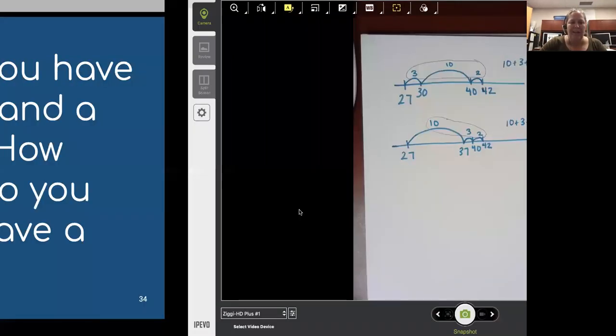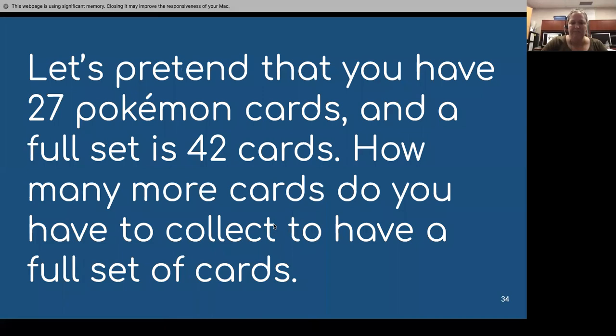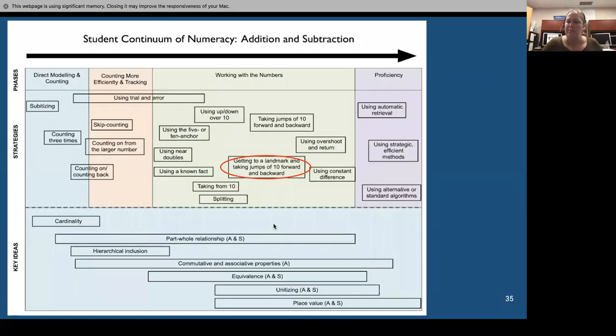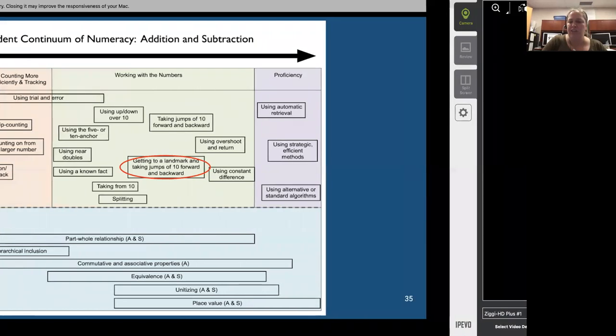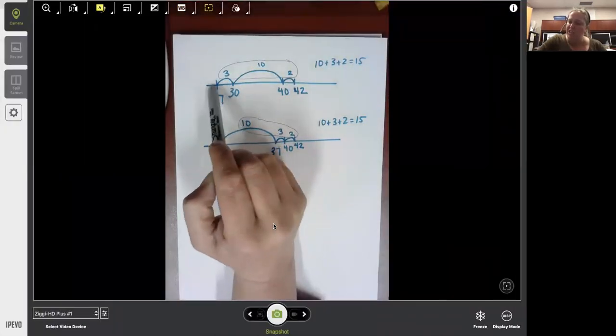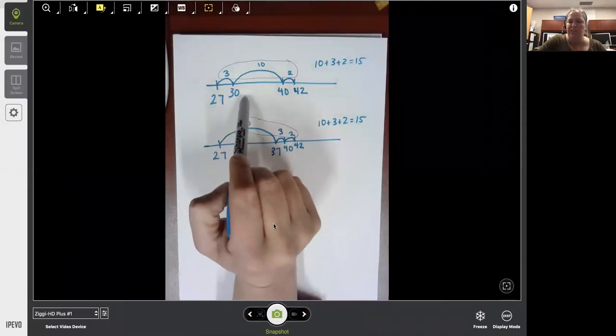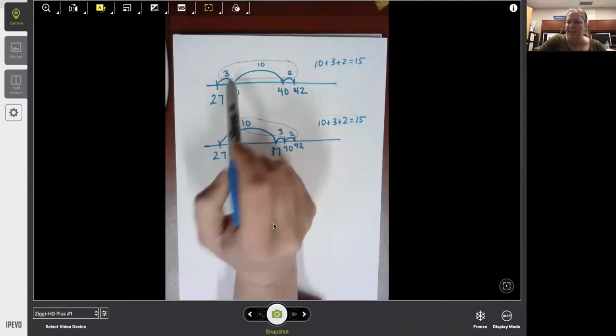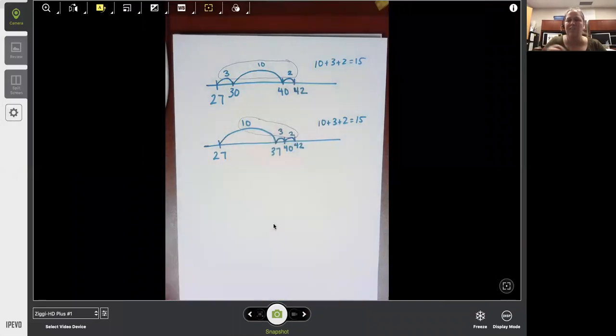I'm just going to go back to the slide deck. So Sam's first strategy is getting to a landmark number and taking jumps of 10 forward and backward, because she did the jump to 30 first to get to that decade number, and then she did the jumps.